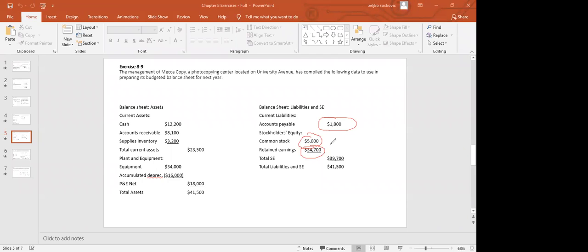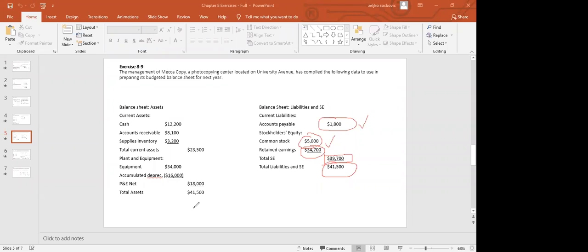Okay, we add them up together. Total stockholders' equity 39 plus 1,800. Total liabilities and stockholders' equity 41,500.